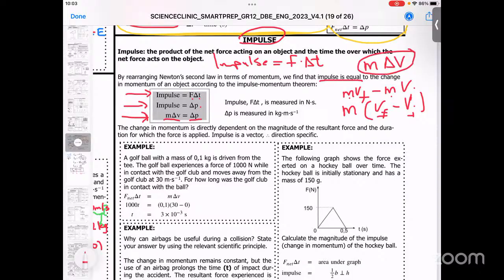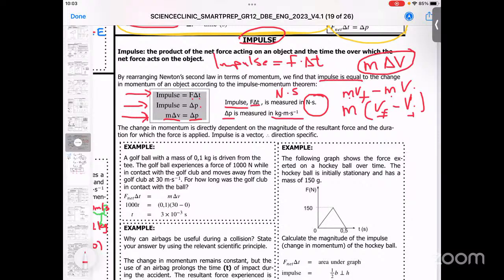I think I am definitely making it easy for you to understand that impulse equals force times time. It is therefore measured in Ns. Why Ns? Because N is for the newton and s is for the time. And if it is the change in momentum that you are calculating, then you will represent it in kilogram meters per second. So when you say Ns, we know the question wanted you to calculate the impulse.